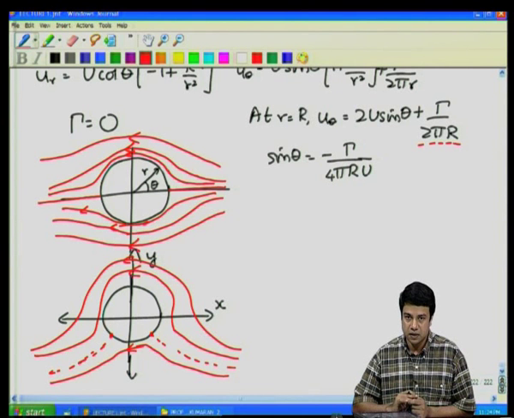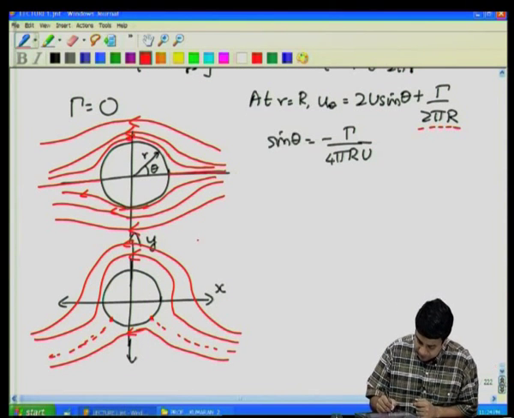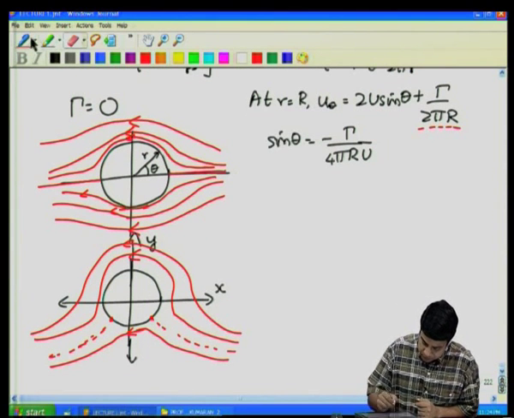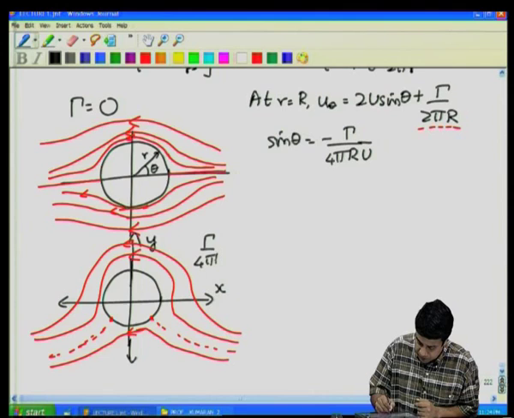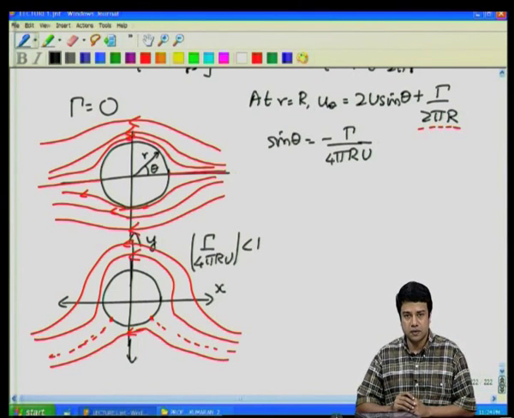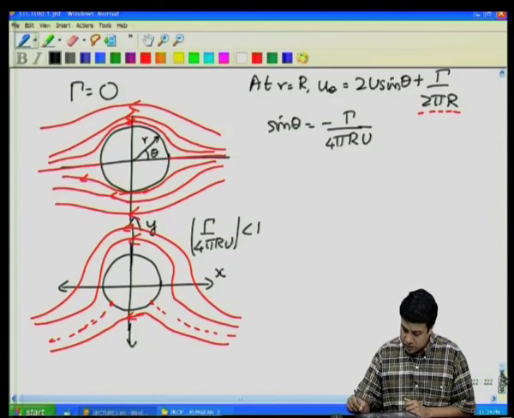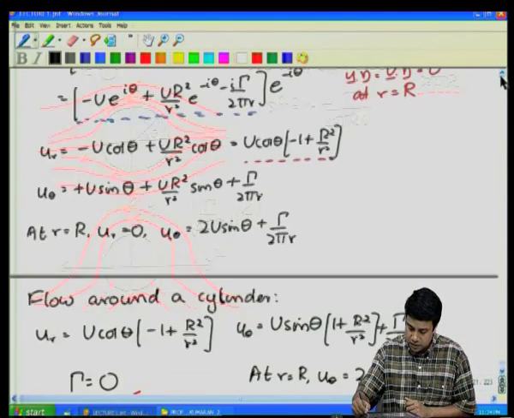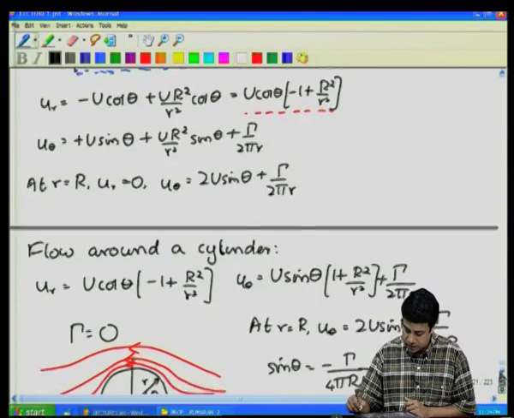However, if I keep increasing the circulation, so that gamma by 4 pi r u is greater than 1, there is no solution. So, this is for gamma by 4 pi r u less than 1. What happens when gamma by 4 pi r u is exactly equal to 1?